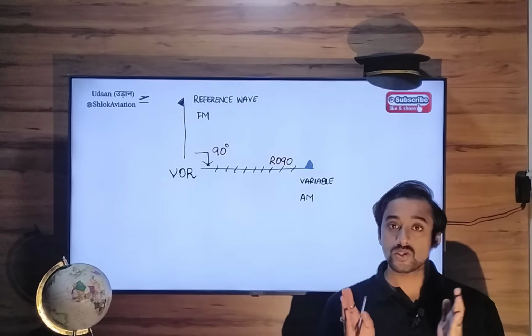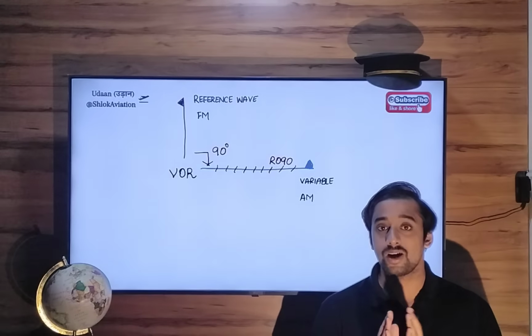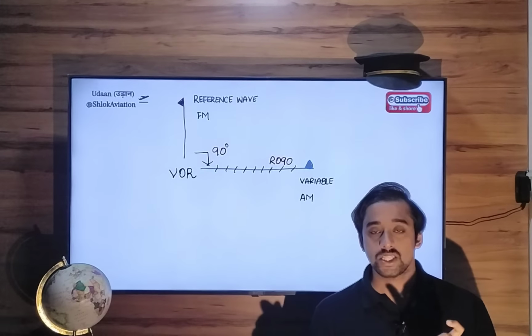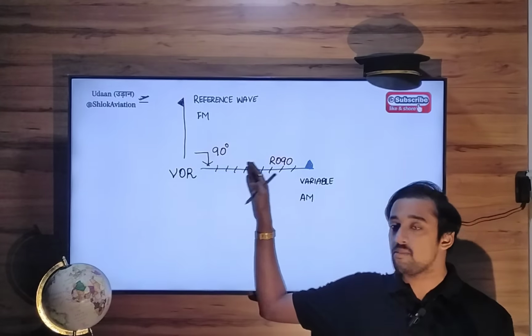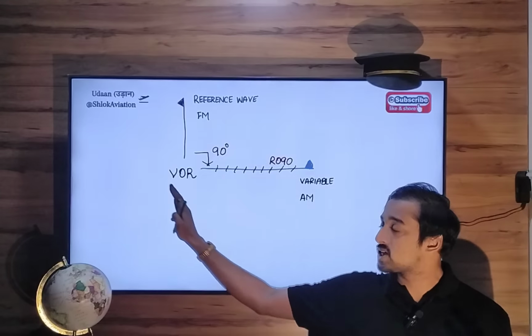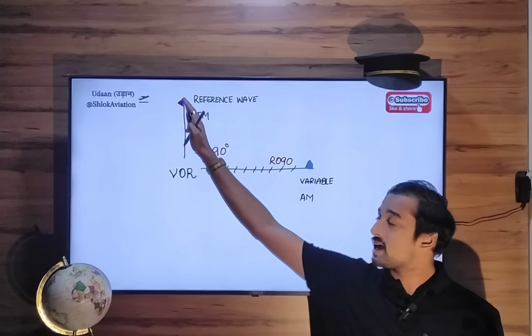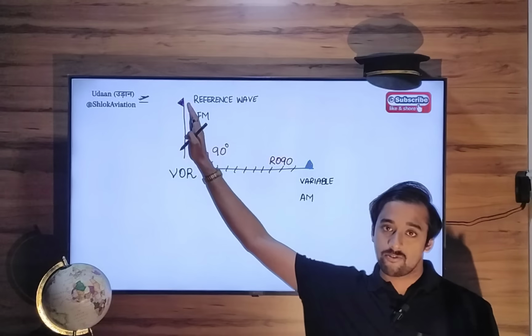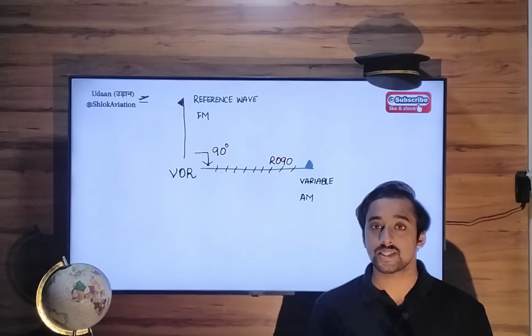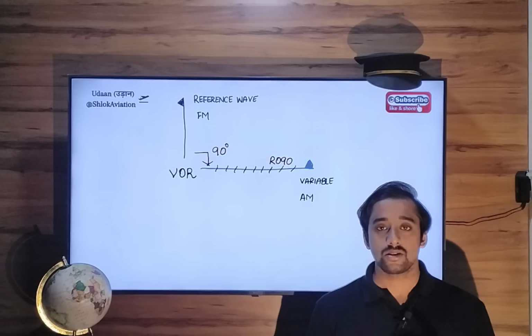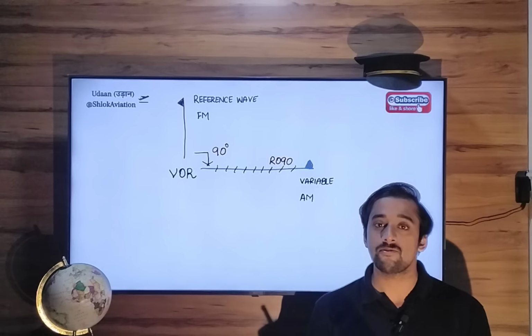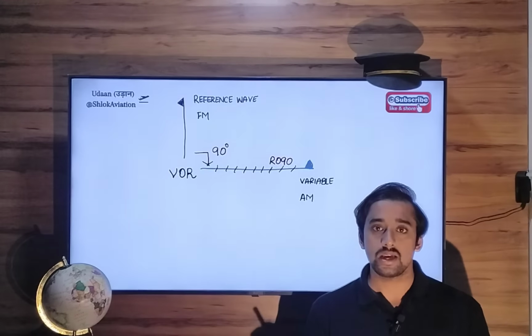When these two signals coincide with each other, the phase difference between them will be 0. That is when this variable signal completes one full 360-degree rotation and aligns with the reference phase. The phase difference or angular separation between them will be 0°. Any other angle starting from 1° up to 359°, there will be a phase difference of a particular value.